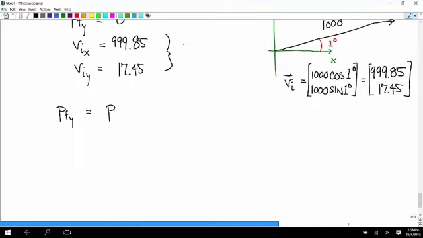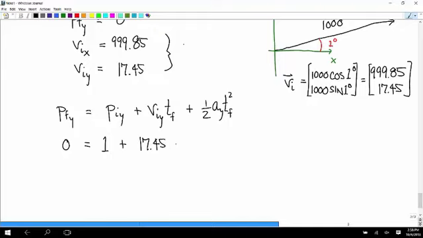Pfy is equal to Piy plus Viy Tf plus 1/2 Ay Tf squared. So we have 0 is equal to 1 plus, this time we have 17.45 Tf minus 4.905 Tf squared.